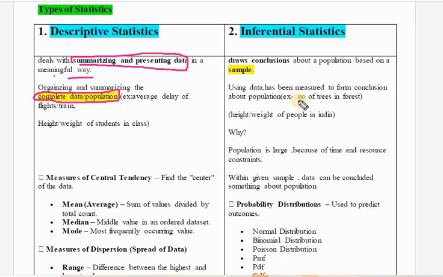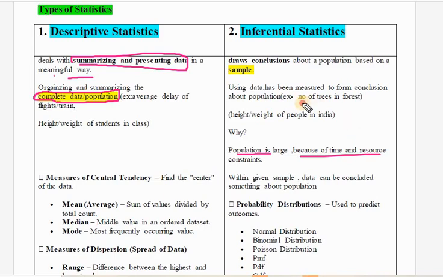We summarize it this way because the population is large, and of the time and resource constraints. For example, if you want to count the number of trees in a forest, you cannot count all the trees. In such a case, we count the trees in a small area, then apply some maths, and come to the conclusion that in the whole forest there would be this many lakhs or crores of trees.